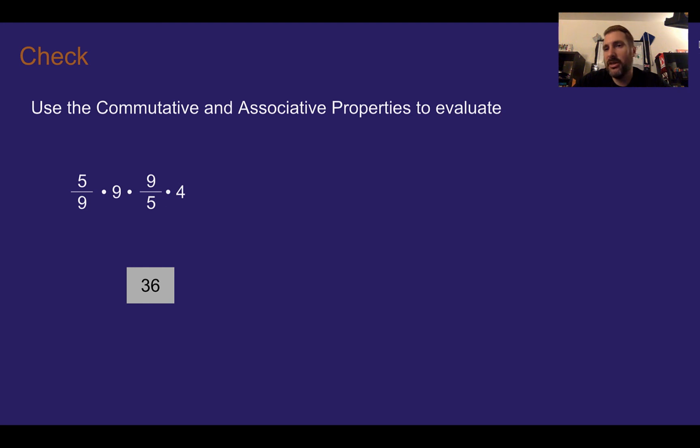If we use the commutative property first, I'm going to switch these two things. So 5/9 times 9/5. And then still multiplication times 9 times 4. I'm doing this because 9 times 4, those ones are easier to multiply, so I'm going to put them together.